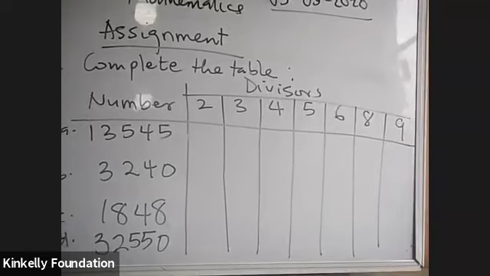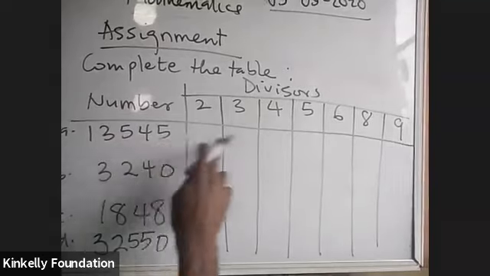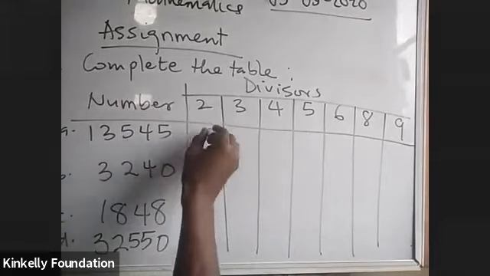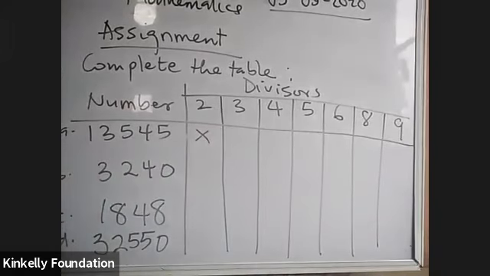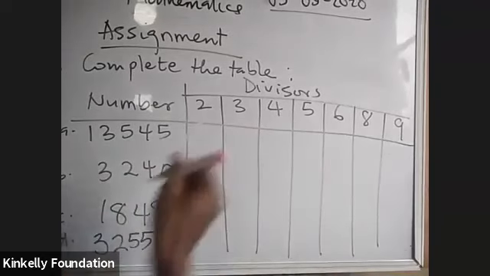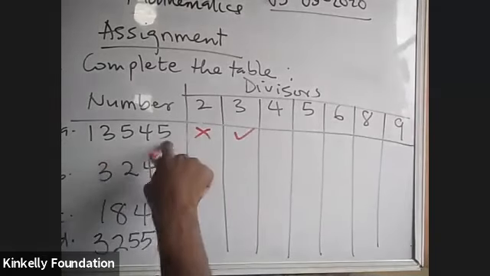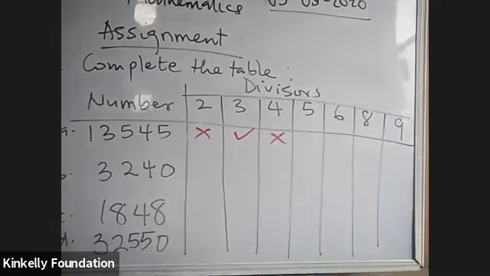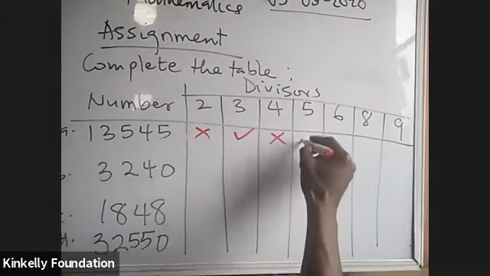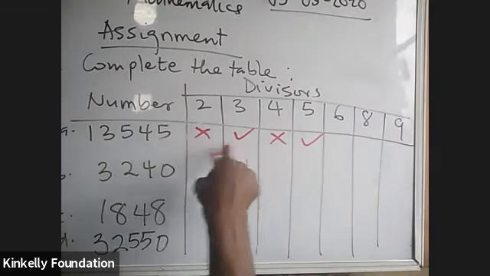This assignment, complete the table. If you check this number, what and what can divide this number? 2 cannot divide this number because it is not an even number. 3 can divide it because the sum can be divided by 3. 4 cannot divide it because it is not an even number also. 5 can divide this number because it ends with 5. 6 cannot divide this number because it's not an even number.